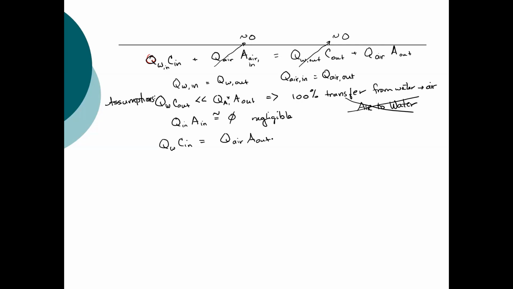Now we're assuming equilibrium at the interface. So this is equal to Q air times our Henry's constant times the equilibrium concentration.